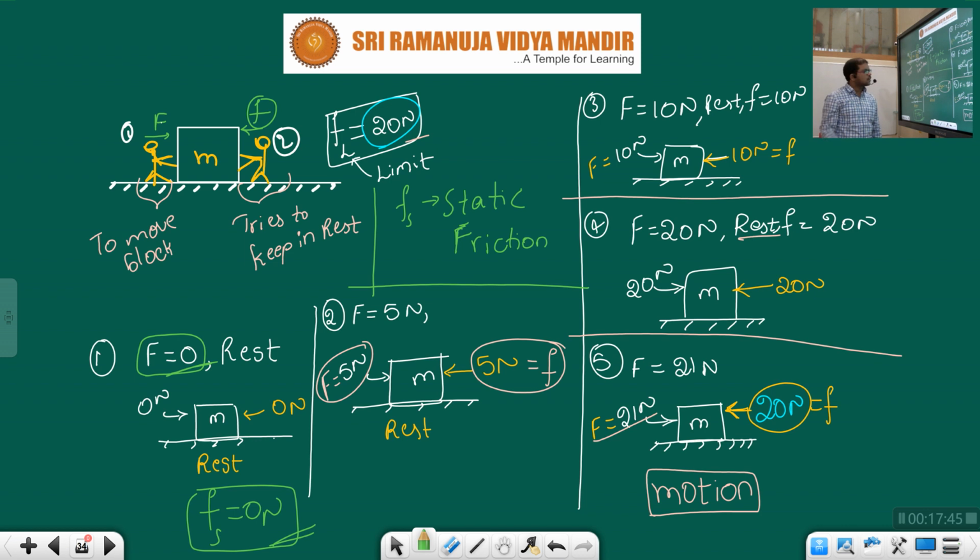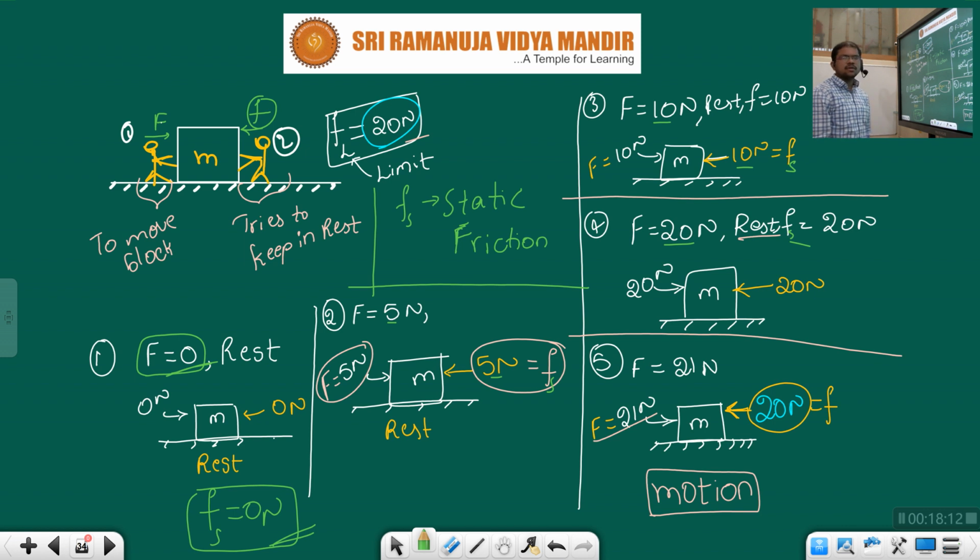That is the first point. Now see, children, when you increase the force to 5 newtons, static friction also increases to 5 newtons. When you increase it to 10 newtons, static friction also increases to 10 newtons. When you increase it to 20 newtons, static friction also increases to 20 newtons. Means what, children? Static friction is a self-adjusting force.